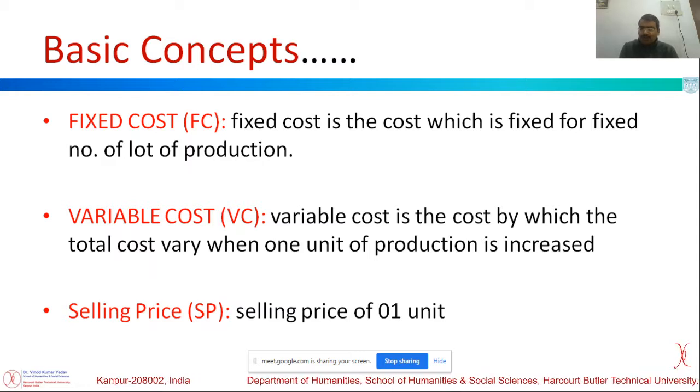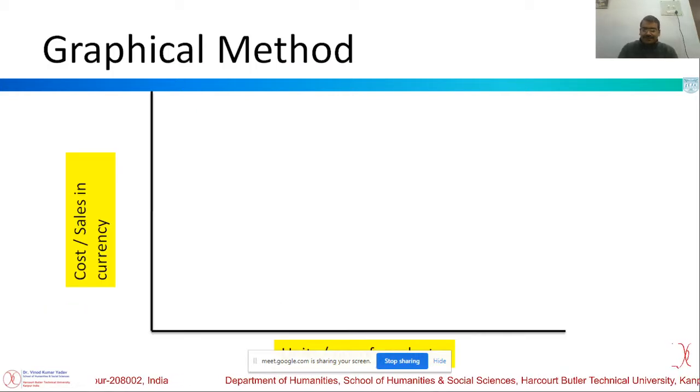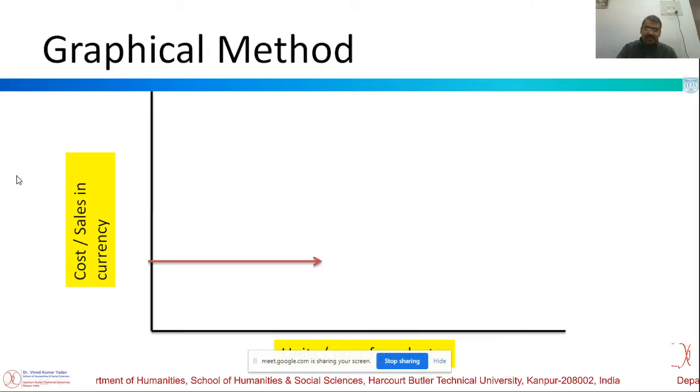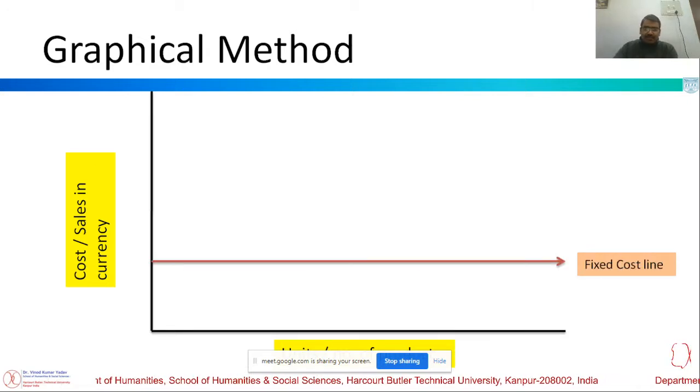So if you look at the graphical method, on one side we talk about the number of units, and on the other side you have cost or sales in currency. Say for example, for a fixed number of lot, you have fixed cost, and this represents a fixed cost line on the picture, right?